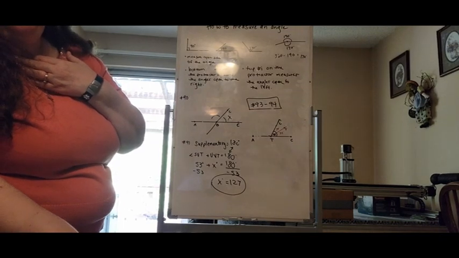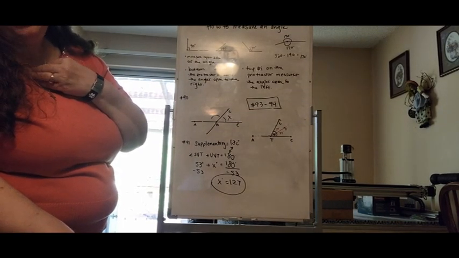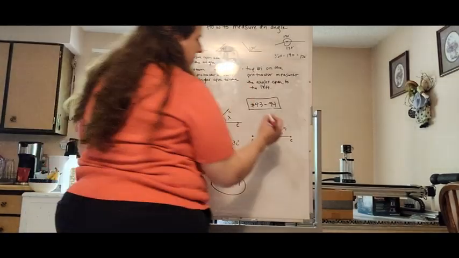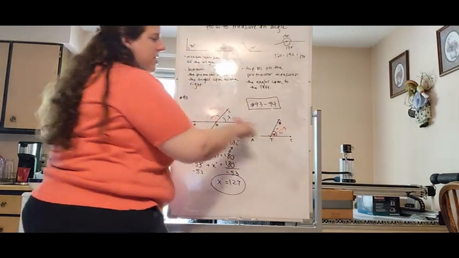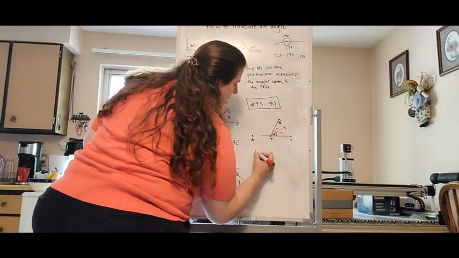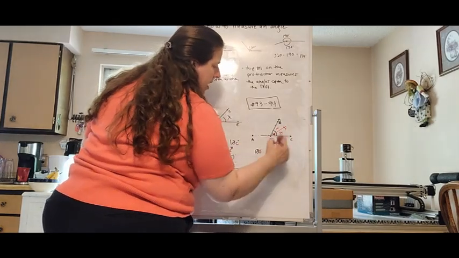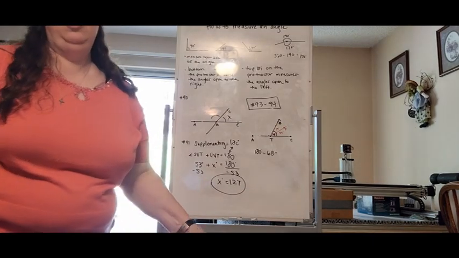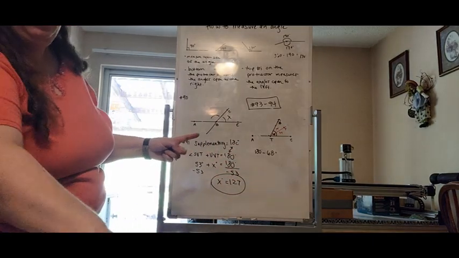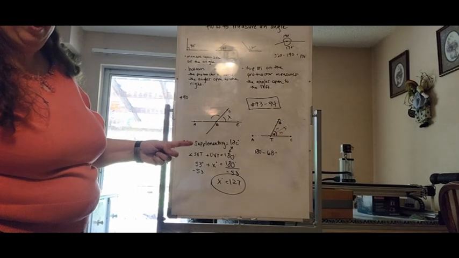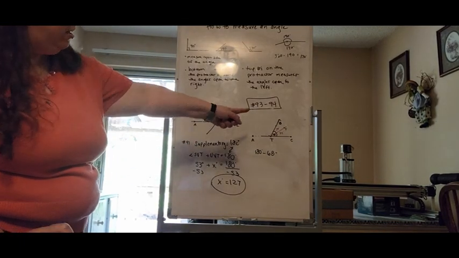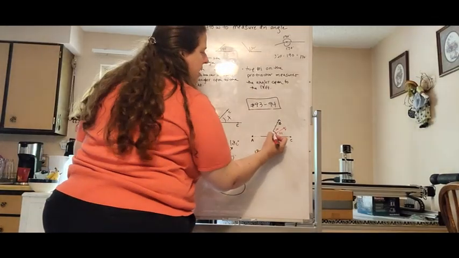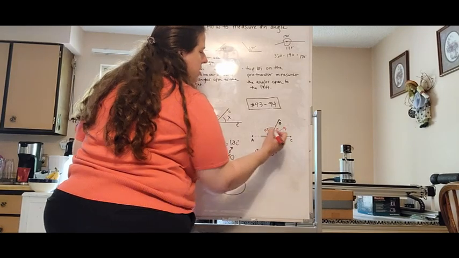So then, Avenue Z would bisect the angle between avenues A and B. So, angles A and B. If this is 68 degrees, and we know that 180 degrees is the line, 180 minus 68 is 112. So this angle is going to be what? 112.